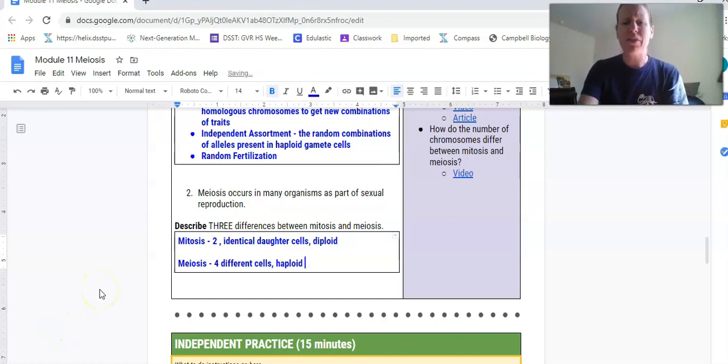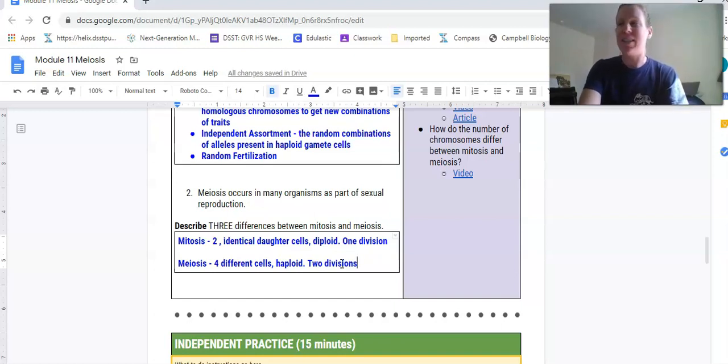What are some other differences between meiosis and mitosis? If we're thinking about the number of divisions, yell it out. Yes, mitosis has 1 division. Meiosis has 2 divisions. Nailed it.